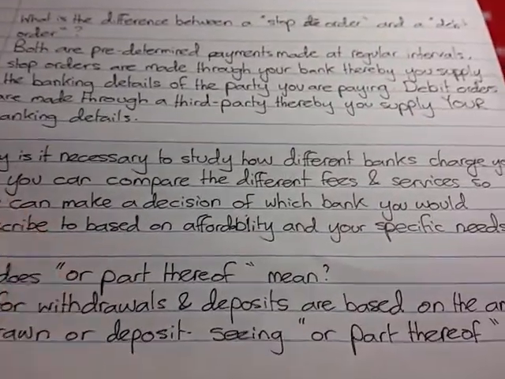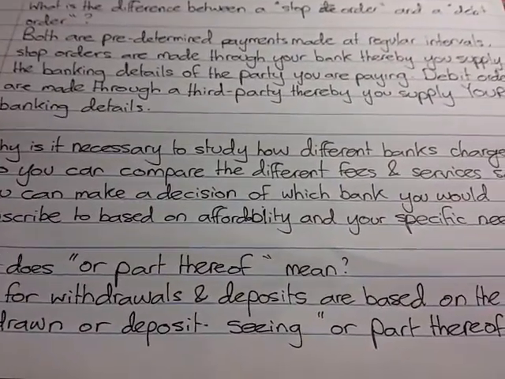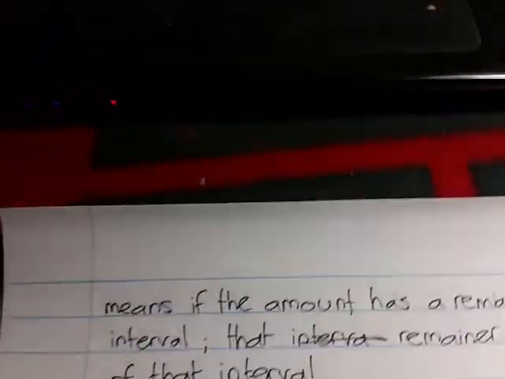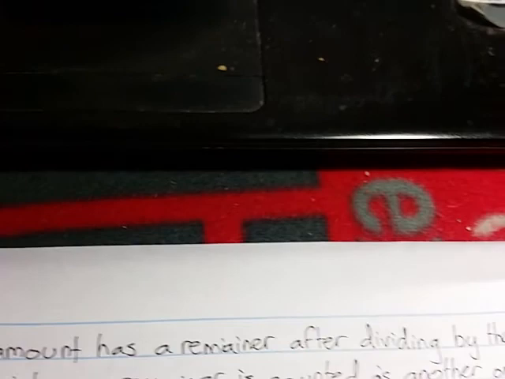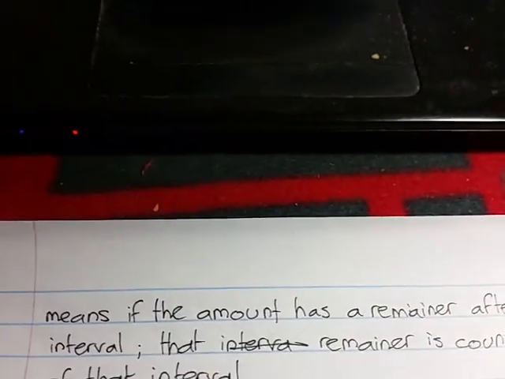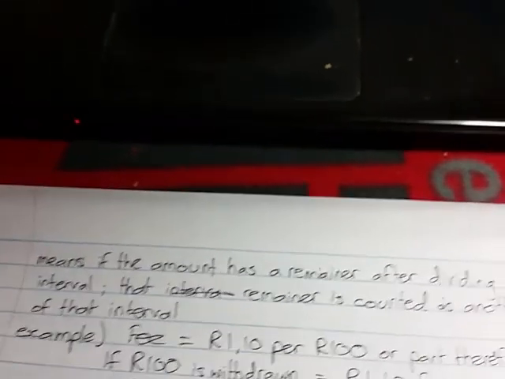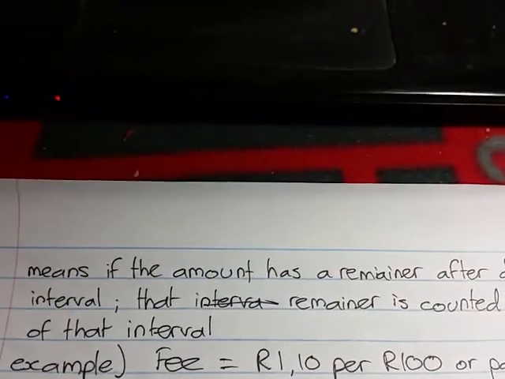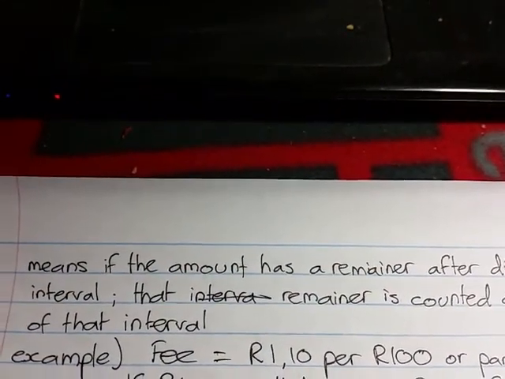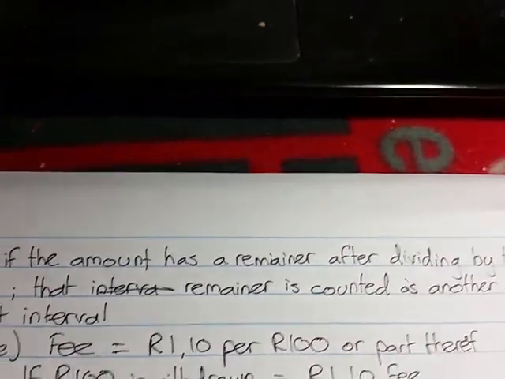Now, if you see "or part thereof," that means that if the amount has a remainder after dividing by the interval, the remainder is counted as another one of that interval. I know it might sound a bit confusing. Let me explain.